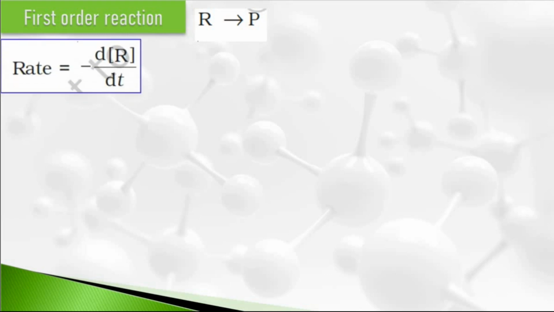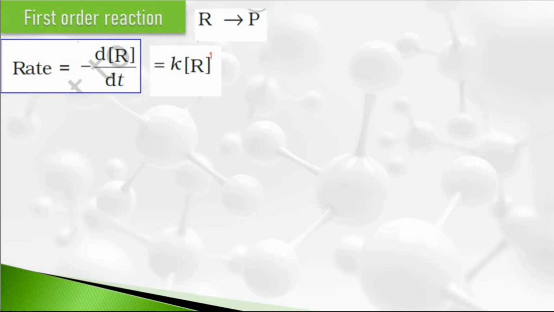The rate, which is generally written as minus d concentration of R upon dt, will be equal to a constant called the rate constant K into concentration of reactant power 1. That's why it is called a first order reaction.